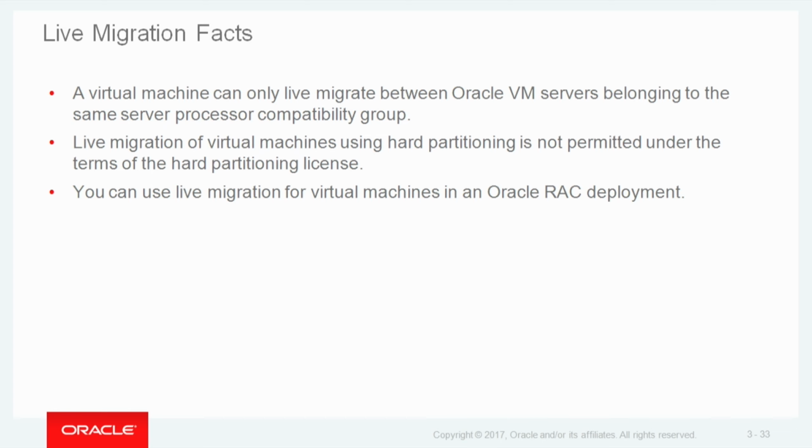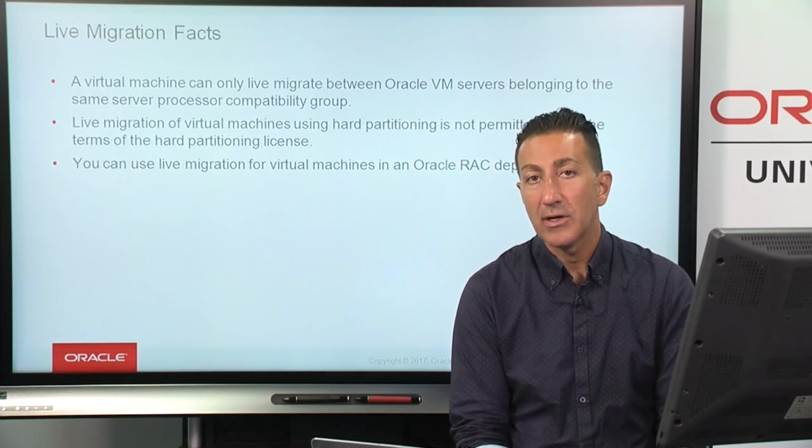And you can use live migration for virtual machines in an Oracle RAC deployment. Well, you have the notes in a specific document, because when you are migrating a VM that has a RAC instance from one server to another, the process takes time, and during this time it's moving all the dirty pages that contain the Oracle database instance with the database blocks and internal information or resources from one server to another.